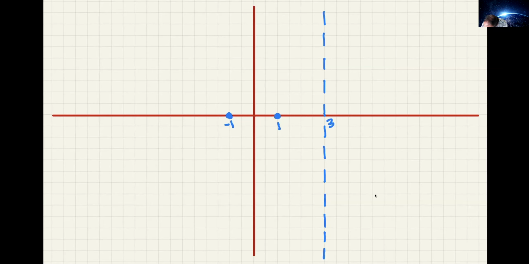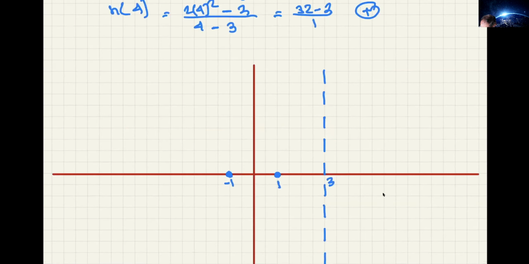1, 2, 3, 4, 5. Maybe I need more here. And then here's 1, 2, 3, 4, 5, 6. Let's make it half. 1, 2, 3, 4, 5, 6.